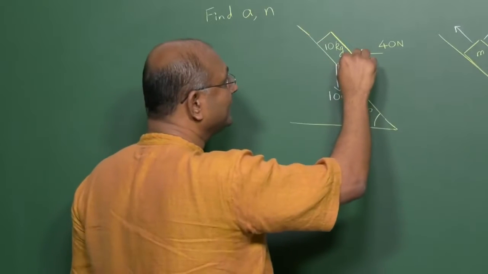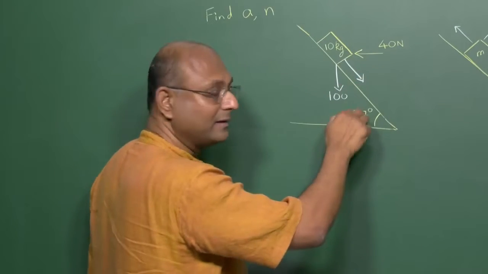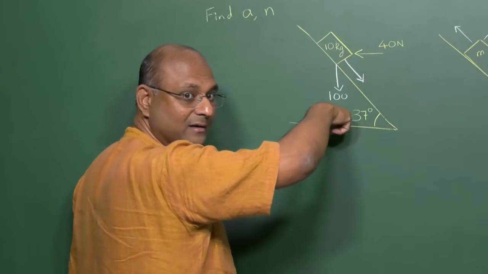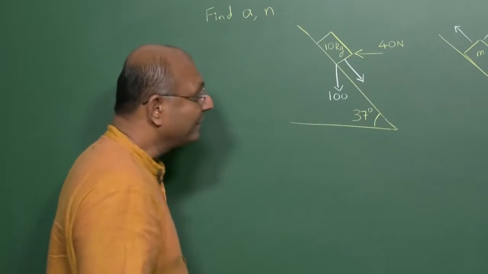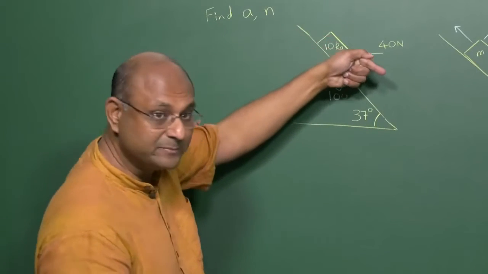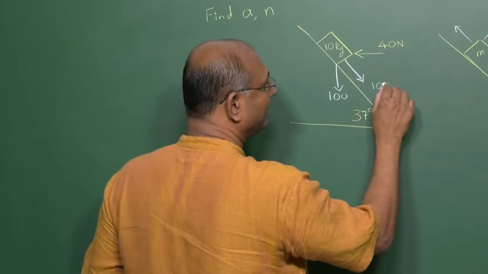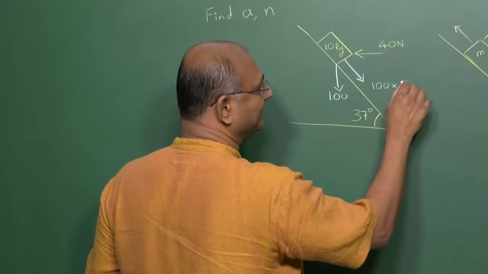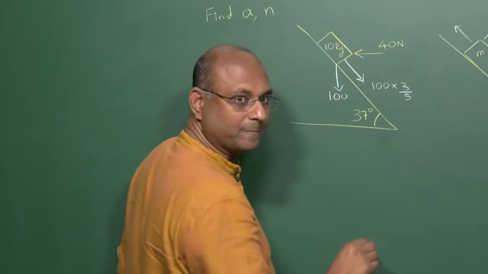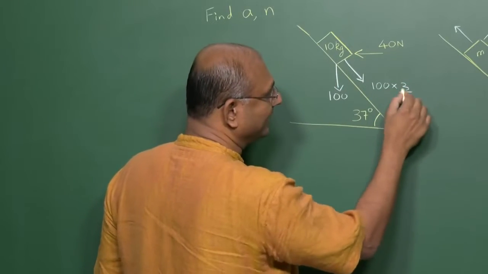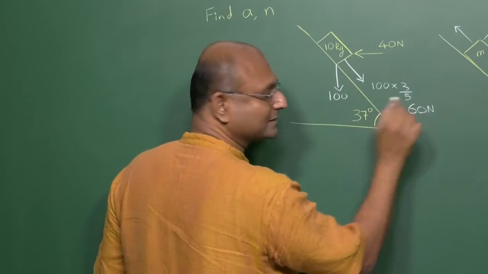You know that this component, how much is this? This is 100, why? 10 into 10, 100, right? So this is mg sin 37. So it is 100 into sin 37, which is 3 by 5. This is 20 into 3, 60 newtons.